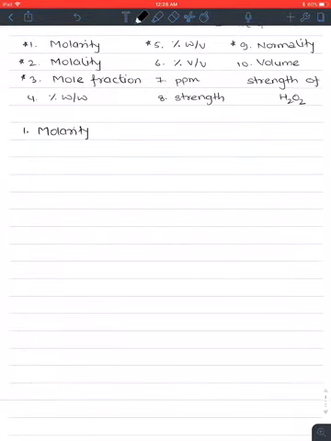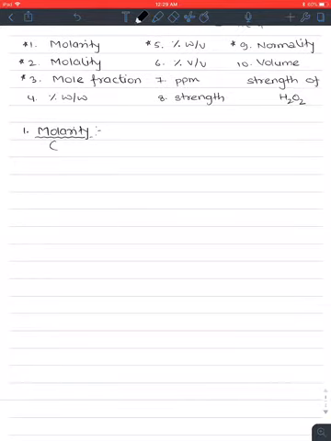First let's try to understand the meaning of molarity. If I'm having a 1 molar solution, what does it mean? Molarity is the number of moles of solute which is present in 1 liter of solution.